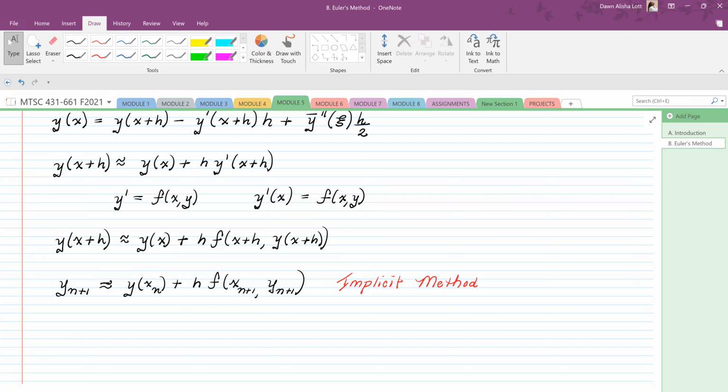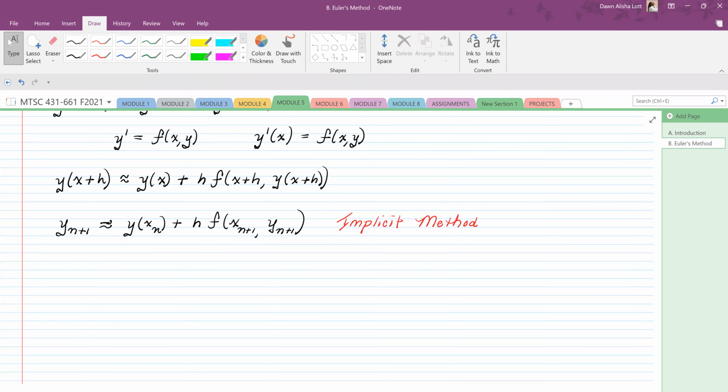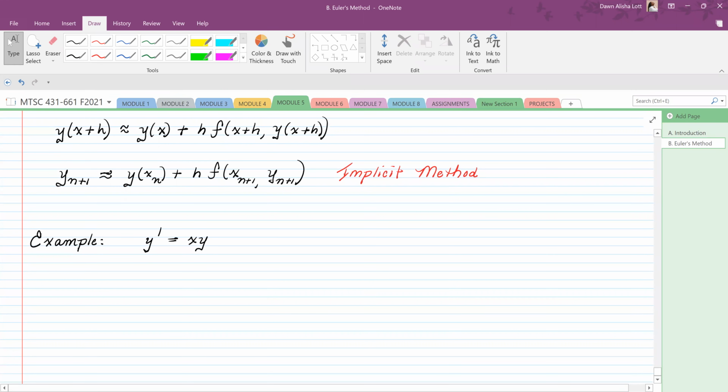So here's an example. y prime is equal to xy, okay? y prime equal to xy.